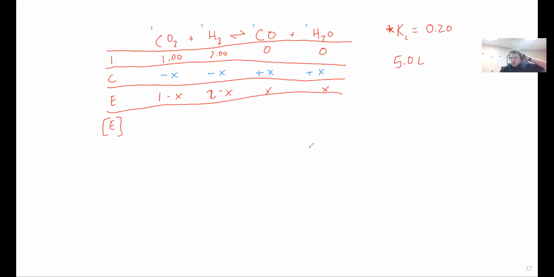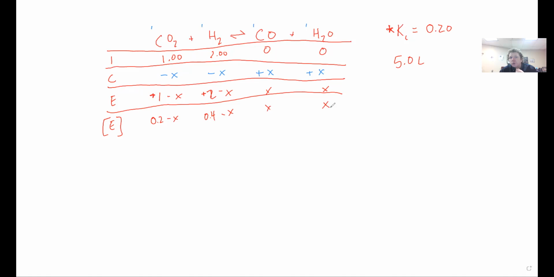And so we can take our number of moles, which is indicated here and here, and divide it by 5. So our equilibrium concentrations are 0.2 minus X, and 2 divided by 5 is 0.4 minus X. This doesn't change any of the other variables because X remains to be solved for.